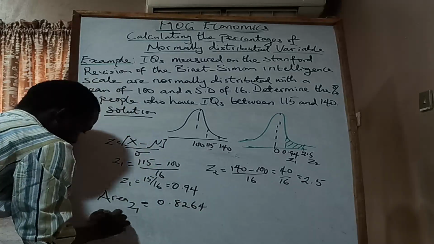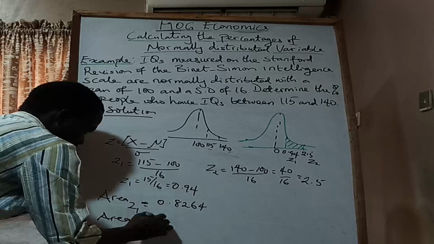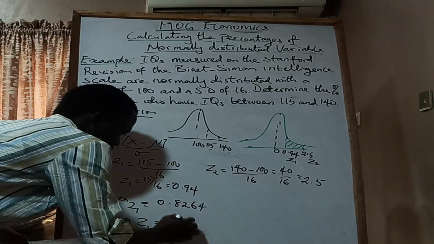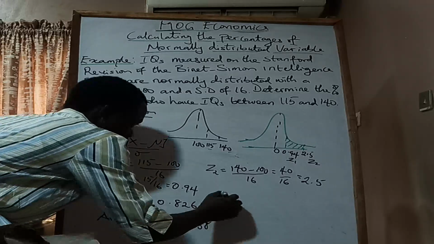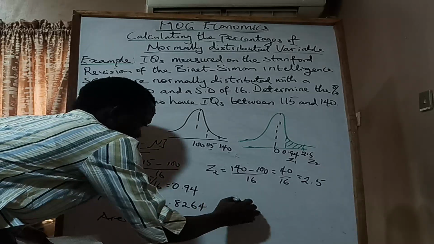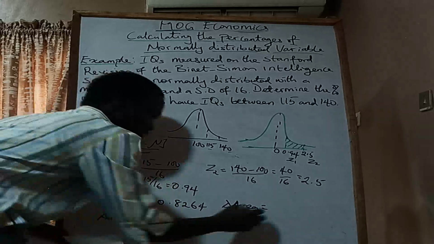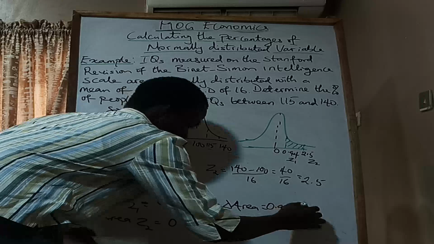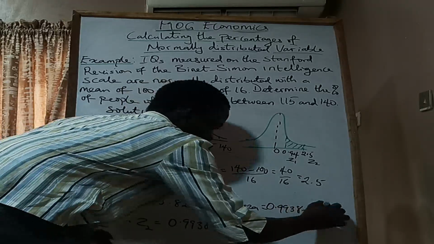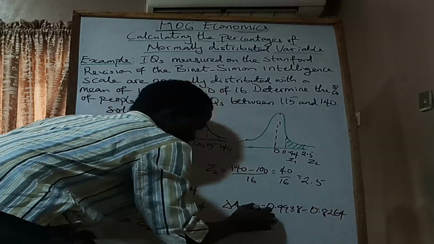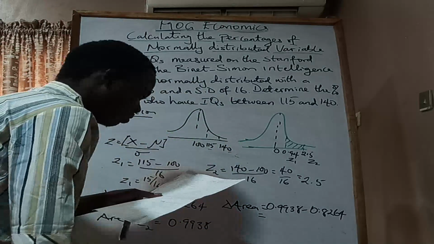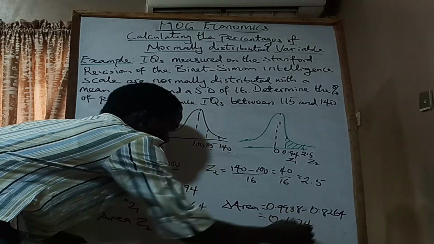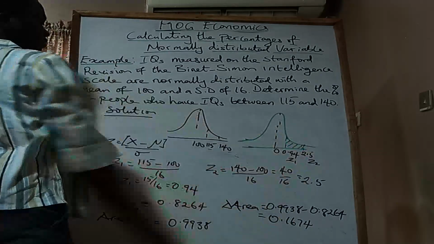The area corresponding to the second one is 0.9938. So the change in area equals 0.9938 minus 0.8264, and that's equal to 0.1674. That's the answer.